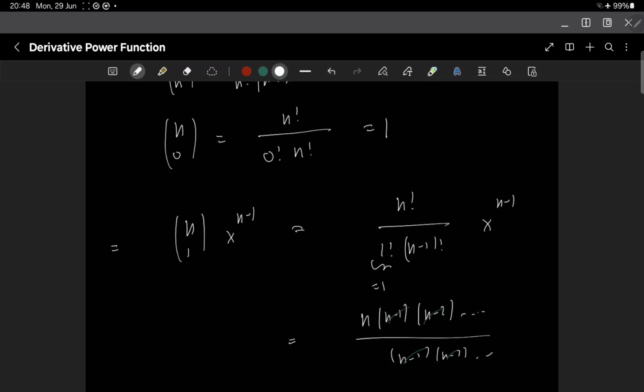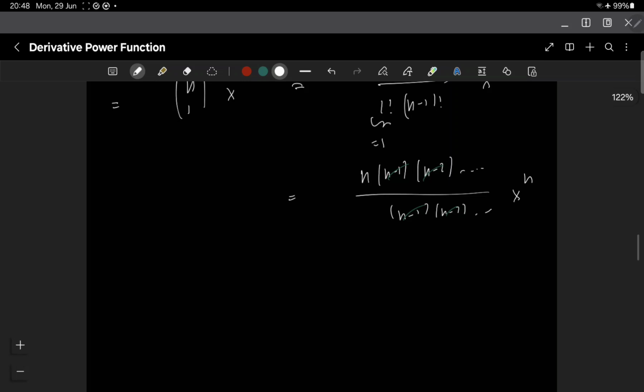What remains is only the n. So this is equal to n times x to the power n minus 1. That's it. That's the answer.